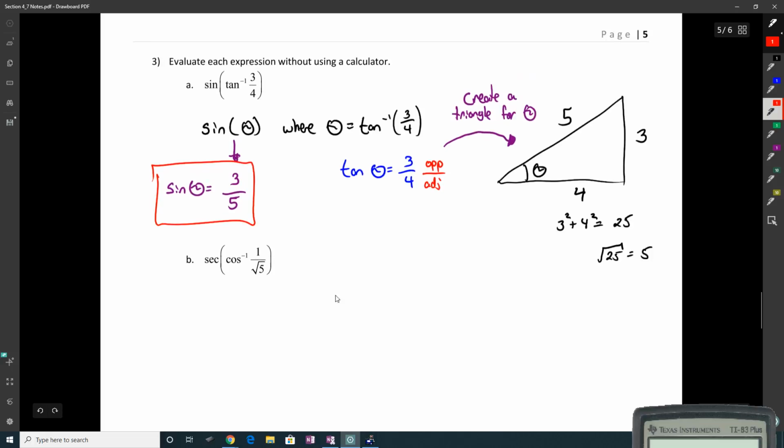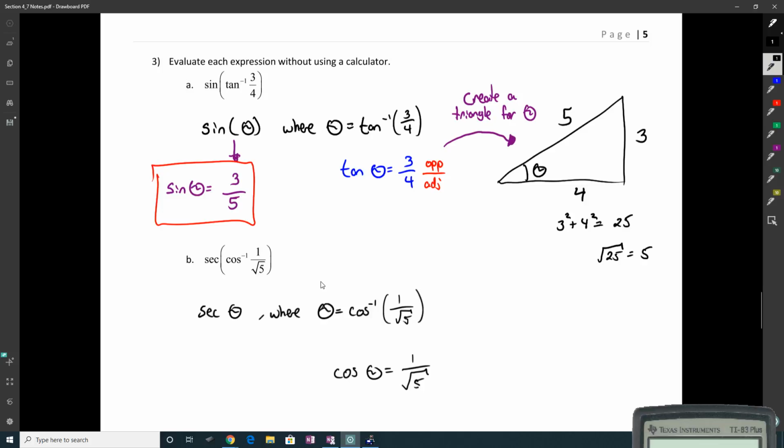It says secant of inverse cosine of 1 over square root of 5. So same thing. This is saying secant of theta, where theta equals inverse cosine of 1 over square root of 5. But I know that this is cosine of theta equals 1 over square root of 5. And I can create my triangle.